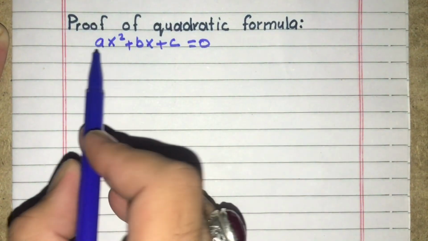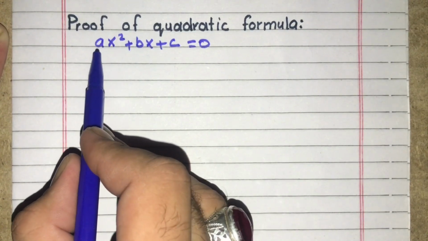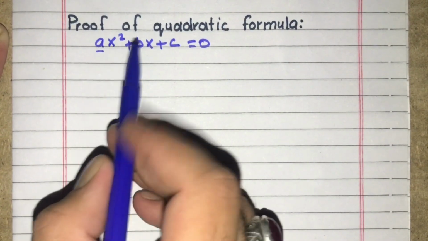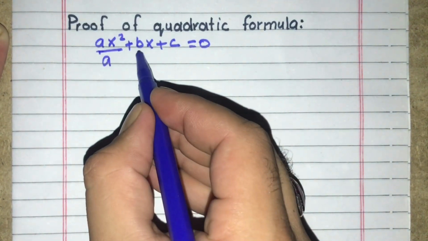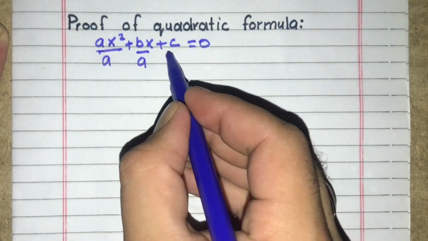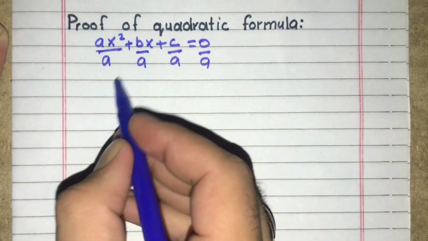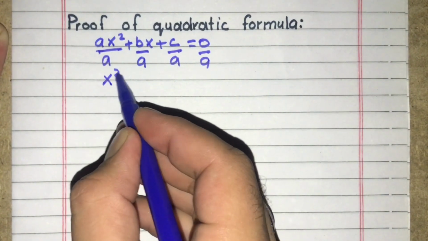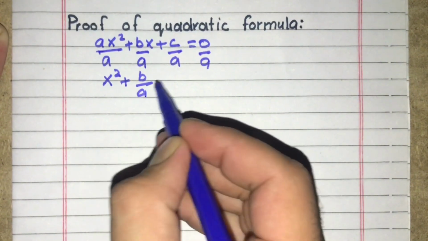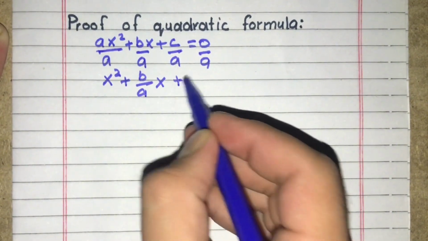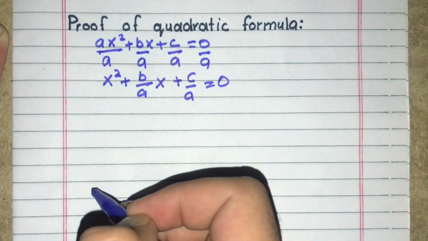First of all, I would like to divide each term by the coefficient of x squared, that is a. Dividing by a, we have to divide each term by a, so here will be x squared plus b divided by a x plus c divided by a, which further is equal to 0.